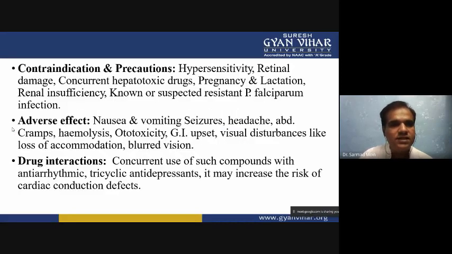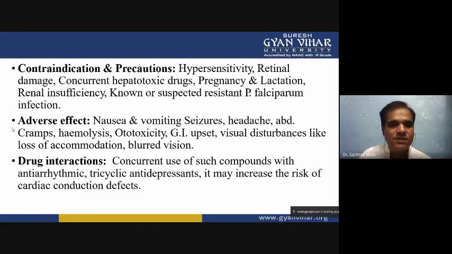Then contraindications and precautions. When we treat the patient with these anti-malarial drugs, precautions include hypersensitivity, retinal damage, concurrent hepatotoxic drugs, pregnancy and lactation, renal insufficiency, known or suspected resistance, and P. falciparum infection.